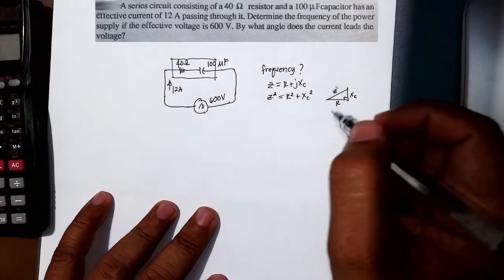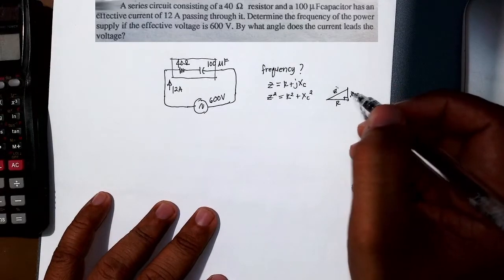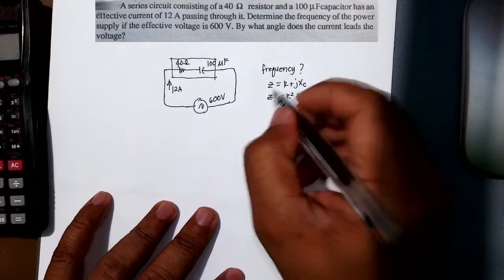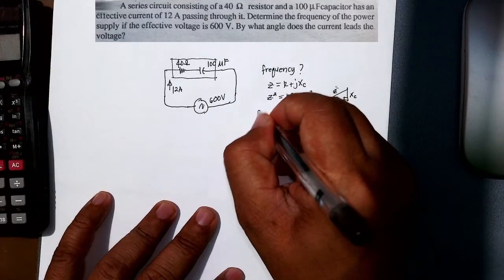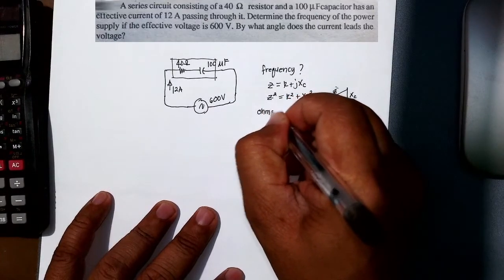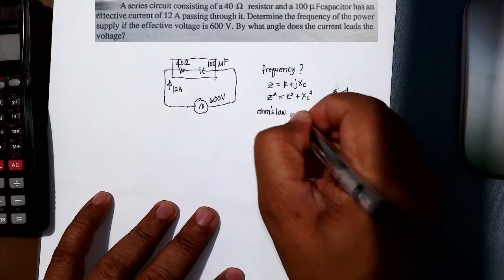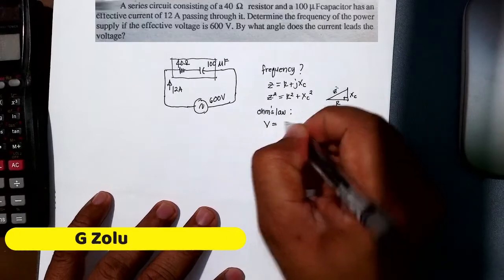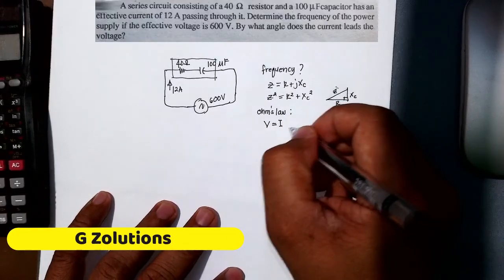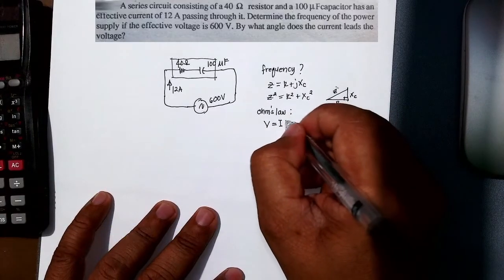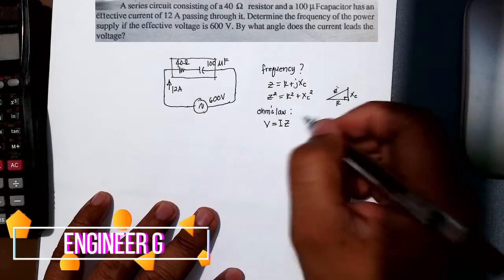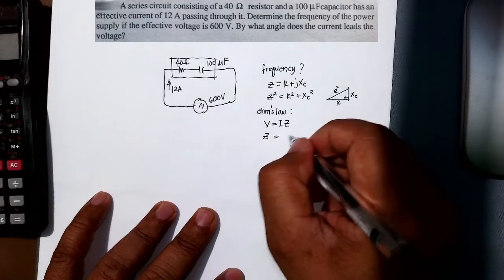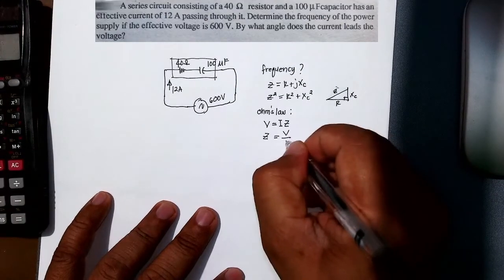The value of Z is simply found using Ohm's law, which is V equals IR. But instead of using R, I use the impedance. So we can right away solve for Z, and that will be V over I.